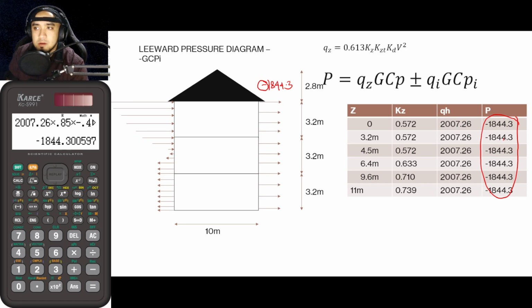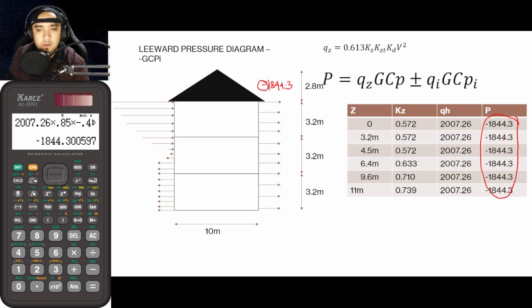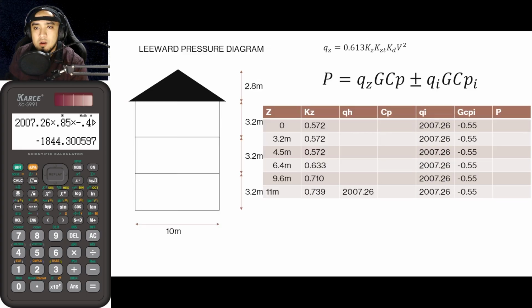Okay, so next up, what about if, let's say, the value for GCPI is to be positive? Wait, why is that not positive? Suppose that all of this would now be positive. So for the value of CP, still the same.